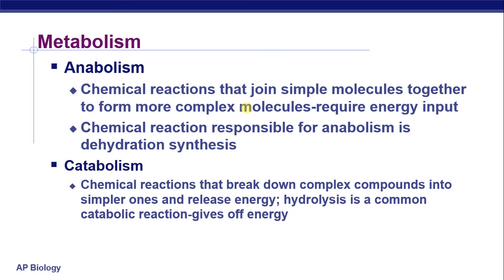And this requires energy. So it takes energy to build things, to put them together. Catabolism is chemical reactions that break down complex compounds into simpler ones and release energy. So we harvest energy from the catabolic reactions in your body, and we use that energy to power the anabolic, the energy requiring building reactions.